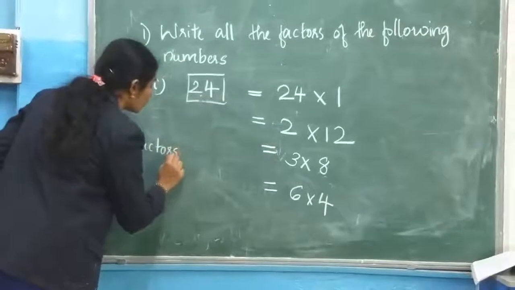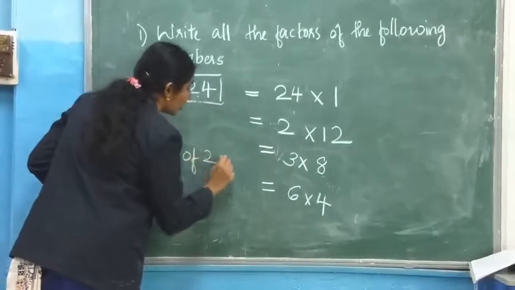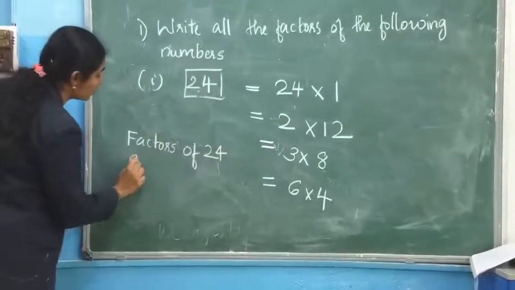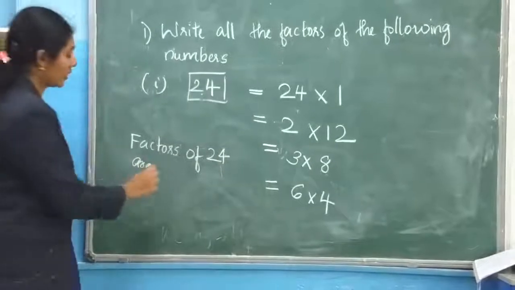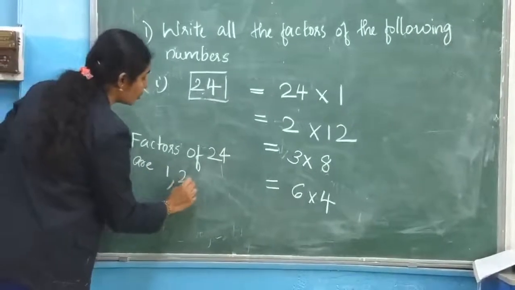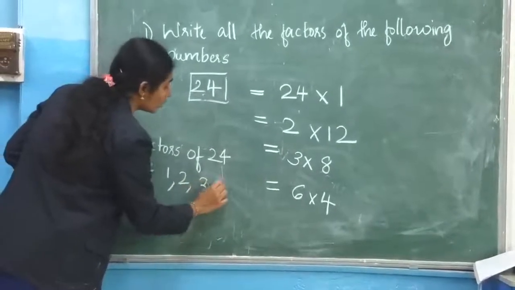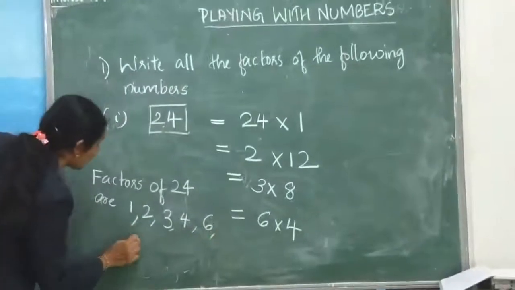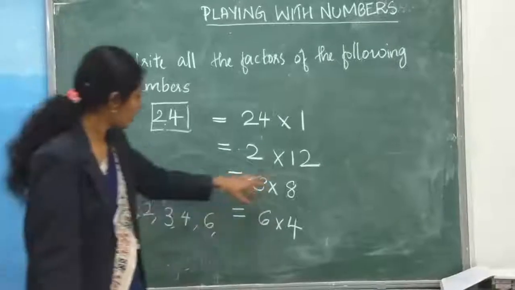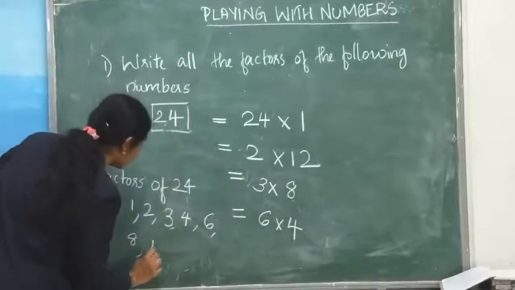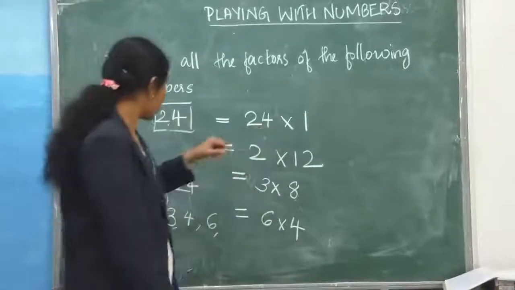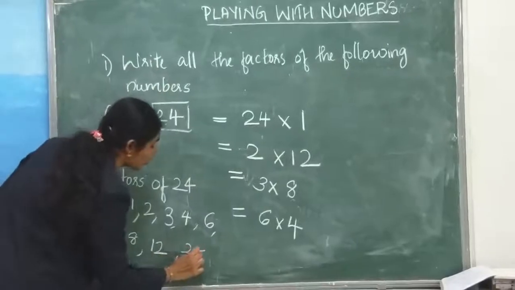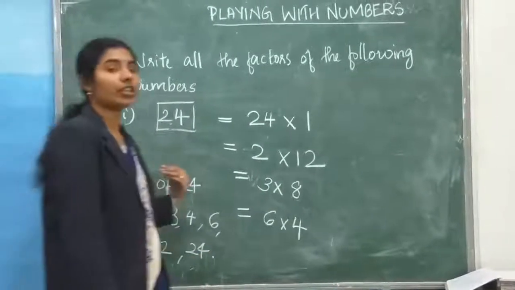Factors of 24 are 1, 2, 3, 4, 6, 8, 12 and the last one, 24.